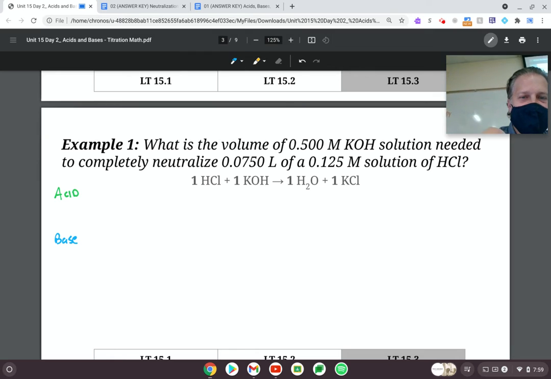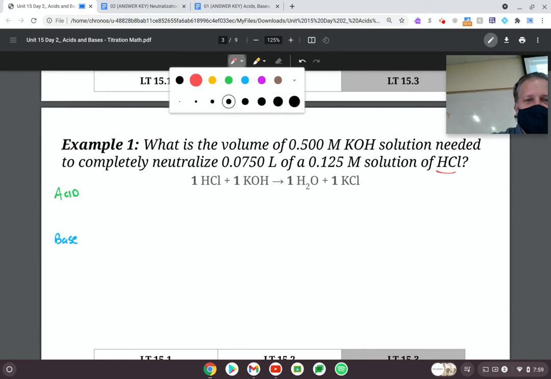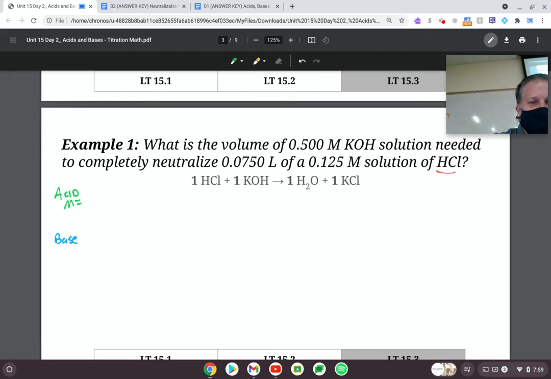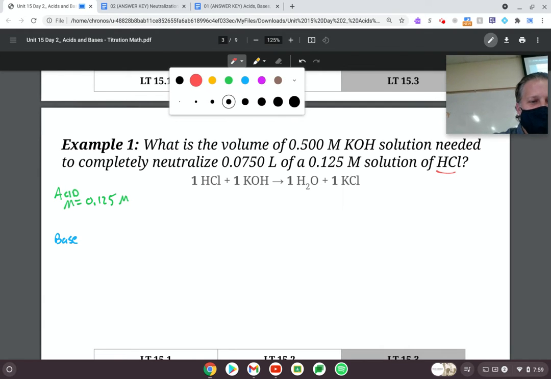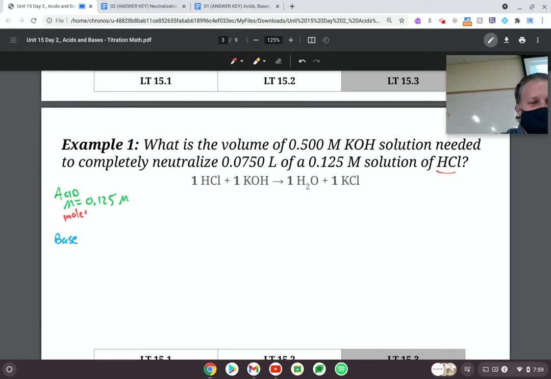On my acid side, I have HCl with a molarity of 0.125 molar. I don't know the number of moles, but I do know the volume, which is 0.0750 liters.